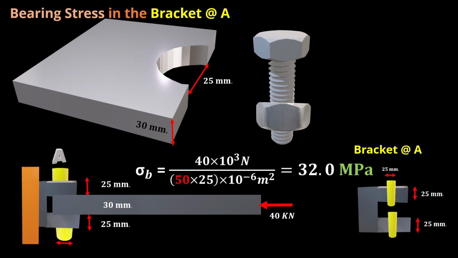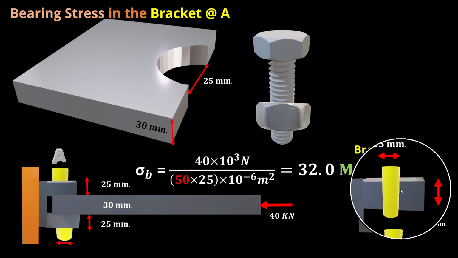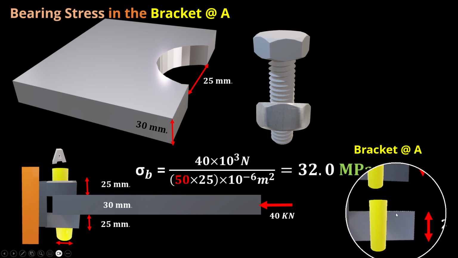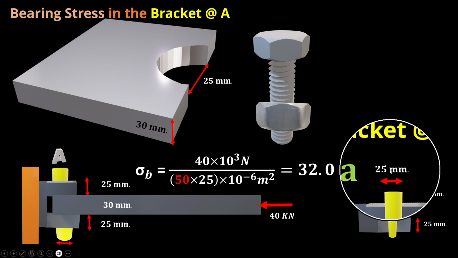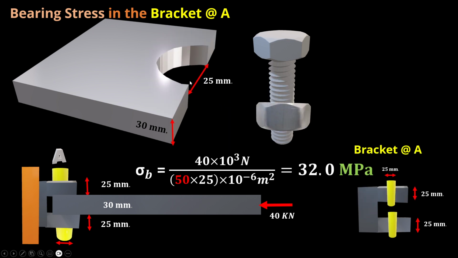So 25, 25 for each of these parts. This is 25 plus 25, where the pins are, and then the diameter of the pin itself is 25. So it simply gives us a sigma bearing stress at the bracket of 32 megapascal.